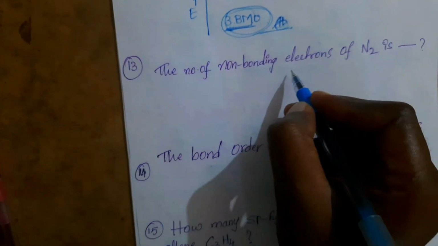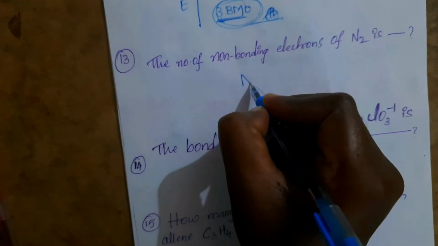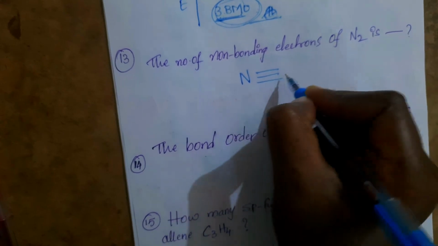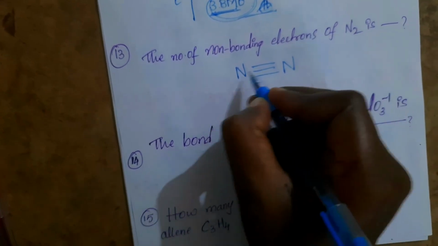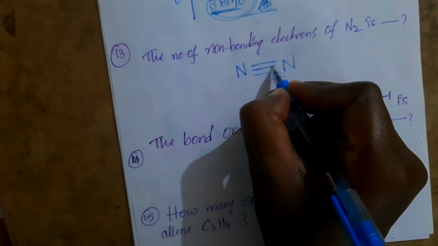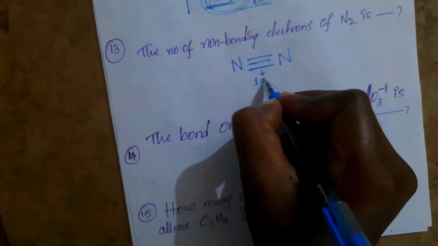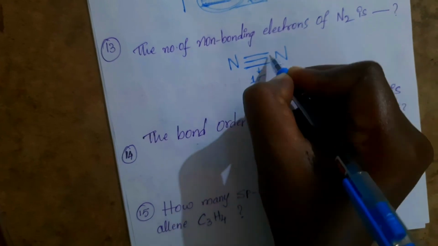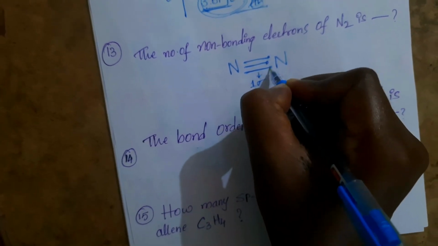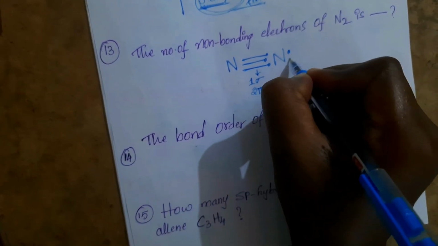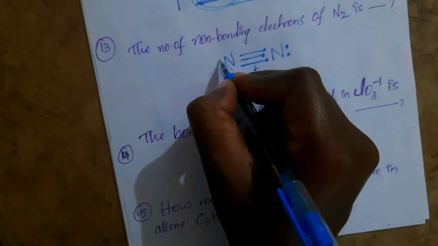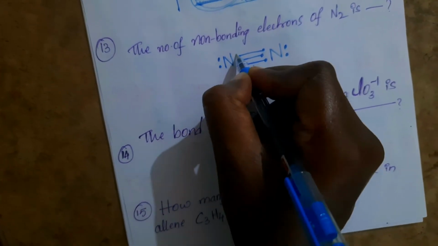Next, the number of non-bonding electrons in nitrogen molecule. We know that according to valence bond theory, between the two nitrogen atoms we have a triple bond. Out of 3 bonds, one is a sigma bond and 2 are pi bonds. Nitrogen has 5 valence electrons, of which 3 are involved in sharing with the other nitrogen atom.